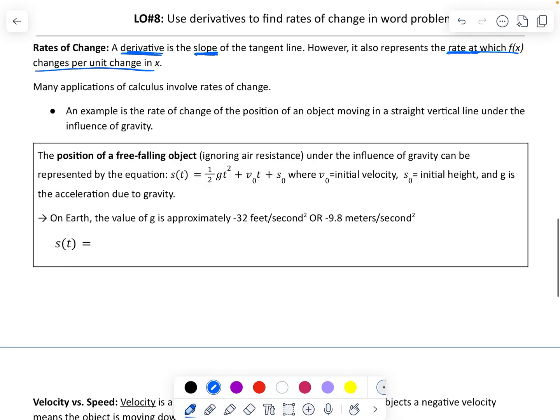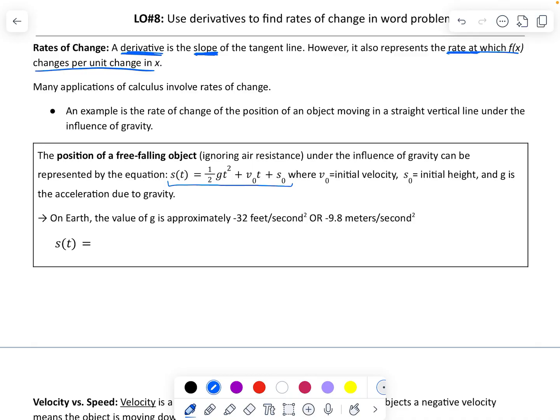Many applications of calculus involve rates of change, and one example is the rate of change of the position of an object moving in a straight vertical line under the influence of gravity. Okay, so the position of a free-falling object, we're going to ignore air resistance, under the influence of gravity can be represented by this equation here, where that little subscript 0, we call it v naught.